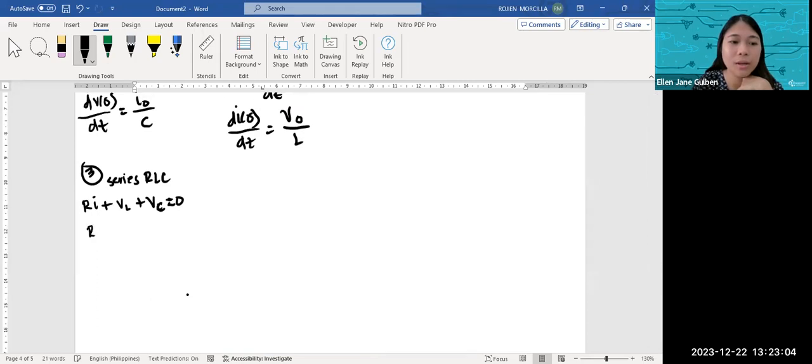So we will need to change this one into currents: RI plus L di dt plus, since the capacitor current and inductor current is the same, 1 over C integral of IL dt equal to 0, or wait, let me check.